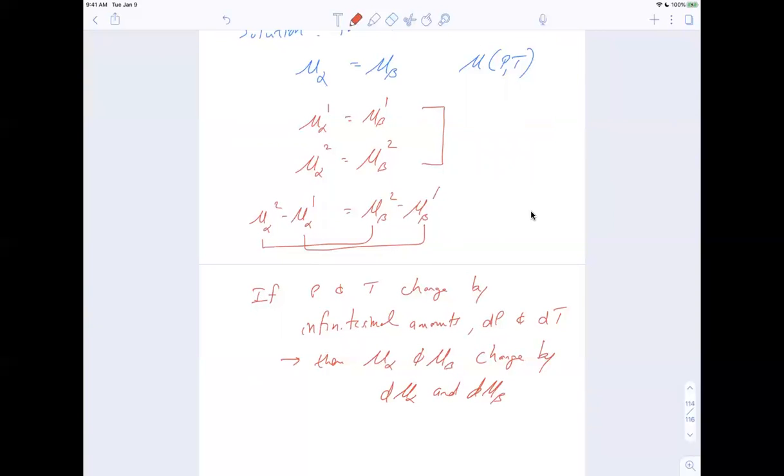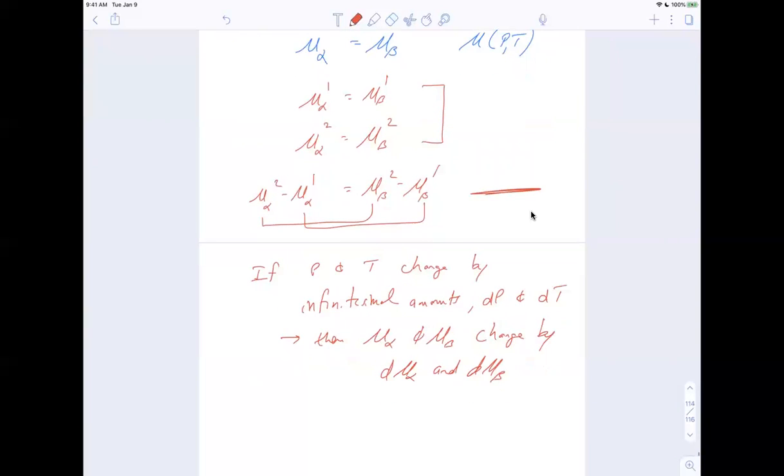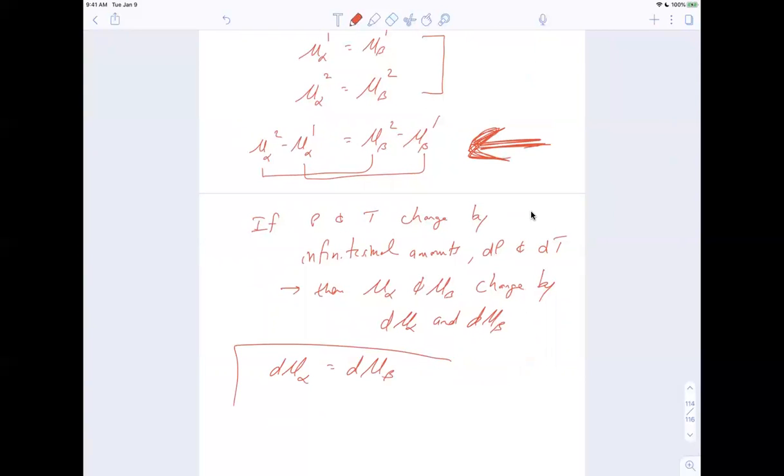And so these differences that I've shown here become differential or infinitesimal changes if those pressure and temperature changes are very, very small. What that lets us write then is d mu alpha is equal to d mu beta. Okay, that's what that lets us do.